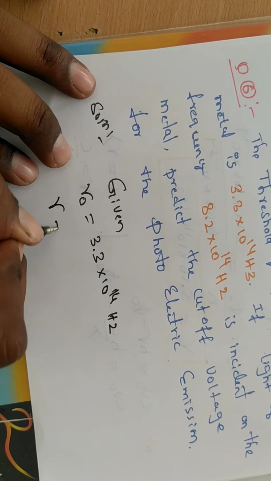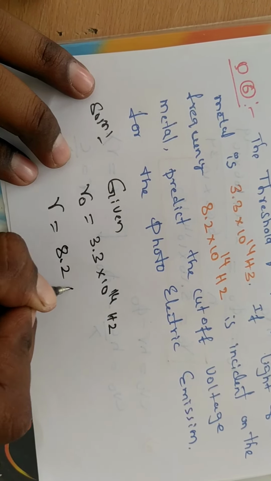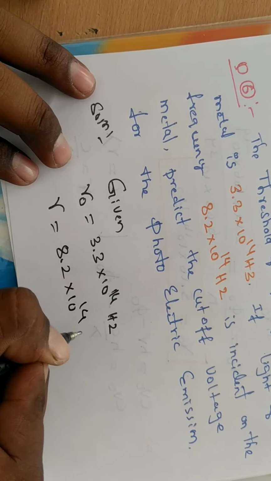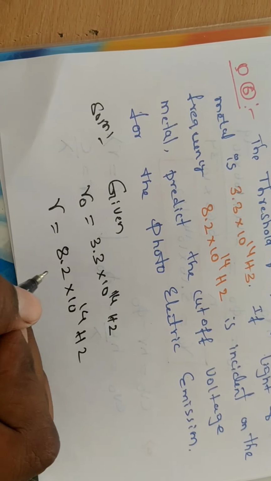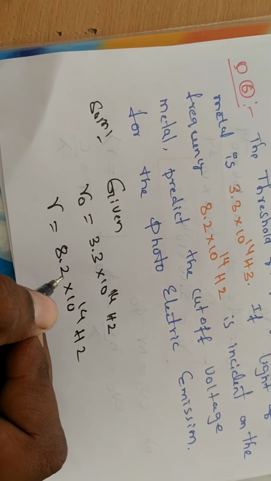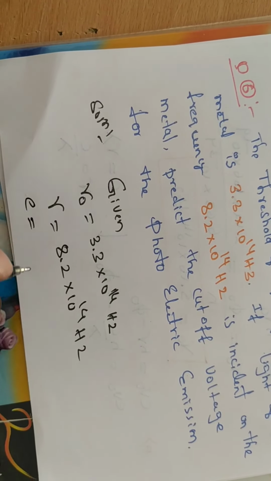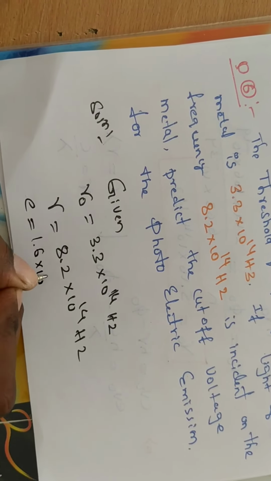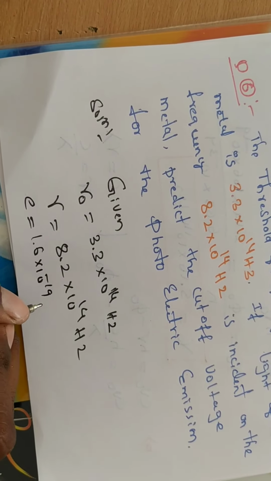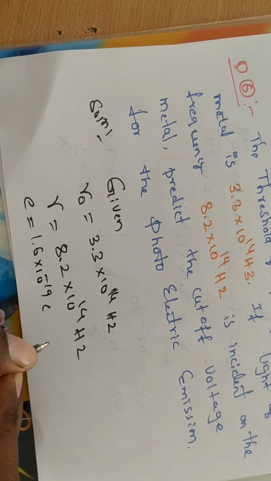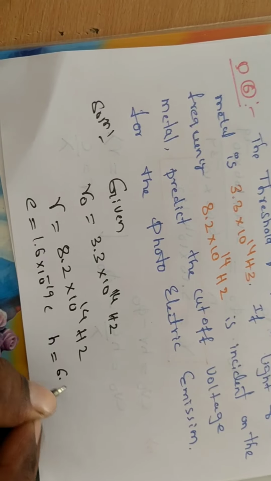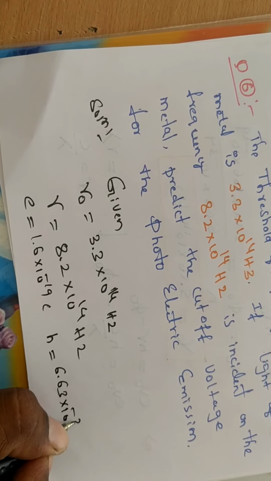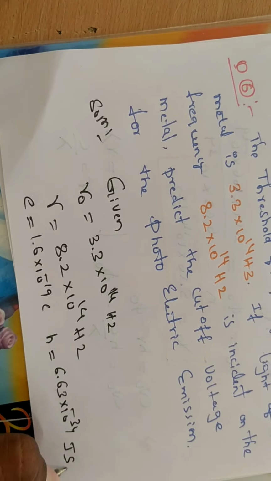And normal frequency nu is equal to 8.2 into 10 to the power of 14 hertz. And e is equal to the standard value 1.6 into 10 to the power of minus 19 coulomb. h is equal to 6.63 into 10 to the power of minus 34 joule second.